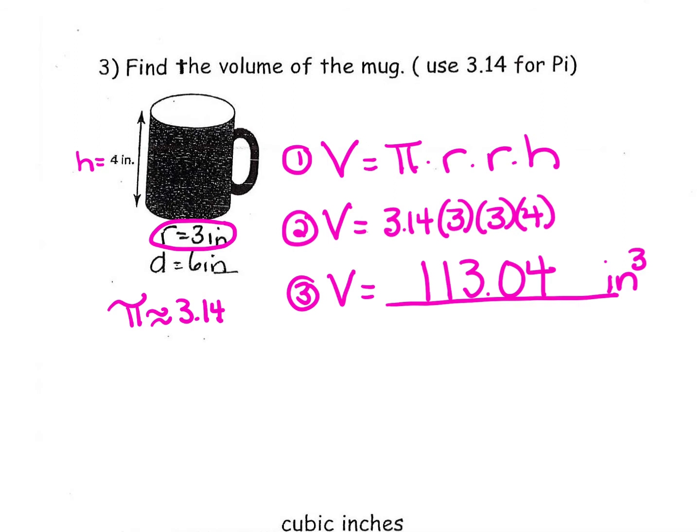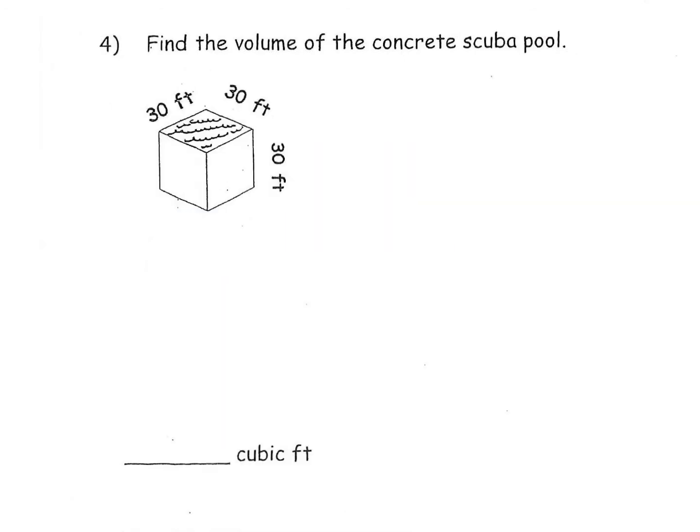Now let's take a look at the problem at the bottom of the page. It states, find the volume of the concrete scuba pool. Well, if you look at this pool, it's a rectangular prism, but more specifically, it's a perfect cube.